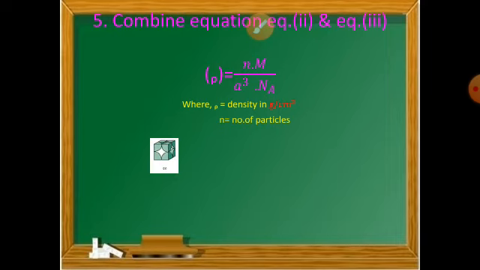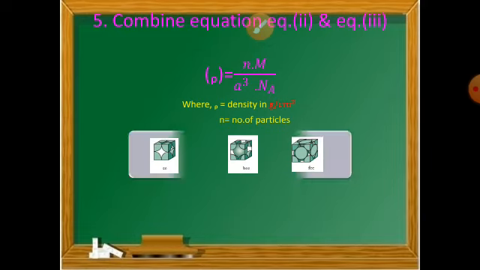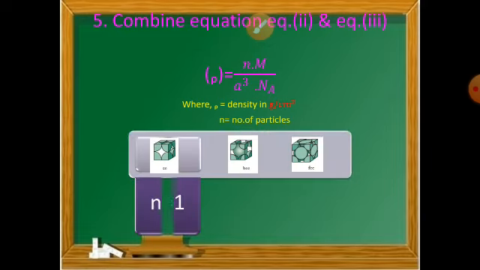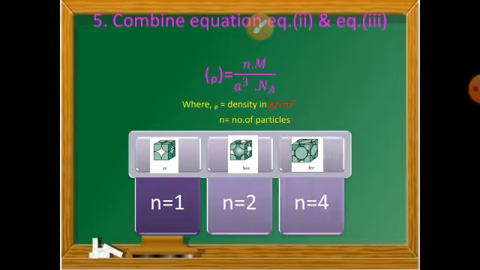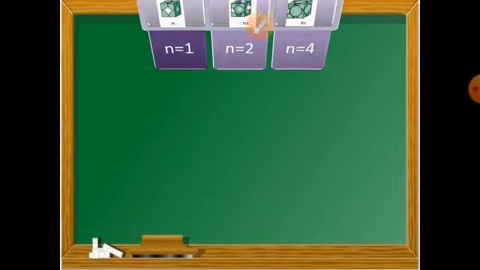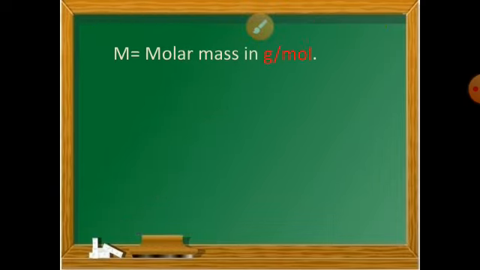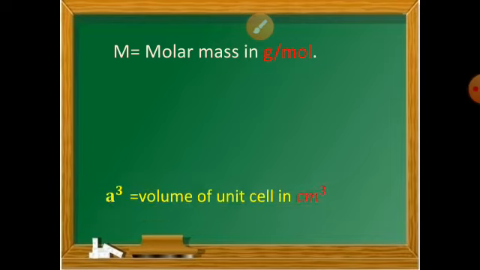Now the number of particles for SC, BCC and FCC are different. For SC it is 1, we have already seen that. Then for BCC it is 2, and for FCC it is 4. Same way, capital M is the molar mass of substance and its unit is gram per mole.